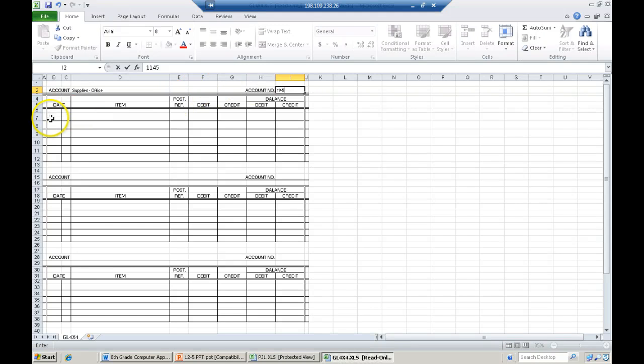Now the balance, we're going to put the date or the year here, 2014. We're going to put November. We're going to put the date of the first, the beginning of the accounting cycle for our business.